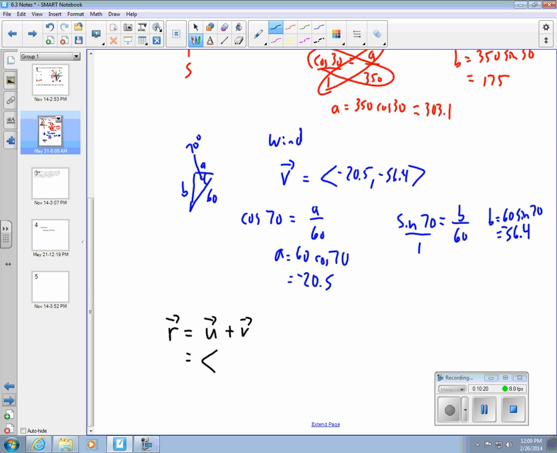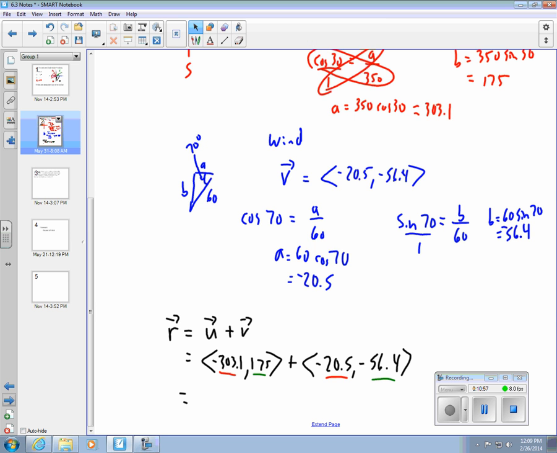So the components of vector u there are negative 303.1, and we've got a 175, and then we're going to add vector v there, which is negative 20.5 and negative 56.4. So remember, when you add your vectors together, you add your horizontal components, and then we can add our vertical components there.